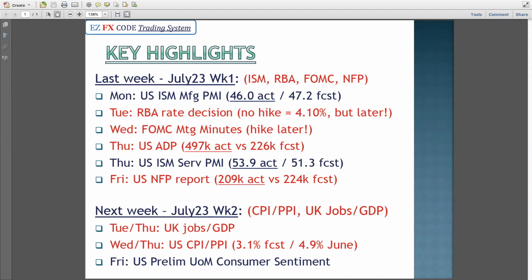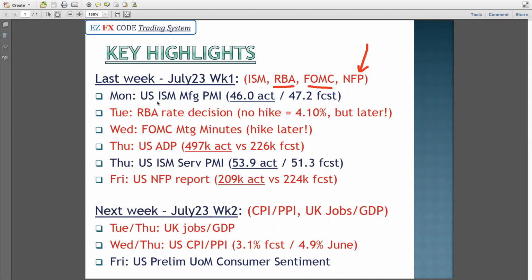Last week was mainly two central banks. One was a rate decision from the RBA and the meeting minutes coming up from the FOMC. And apart from that, there was the key news from the US with the non-farm payroll report.